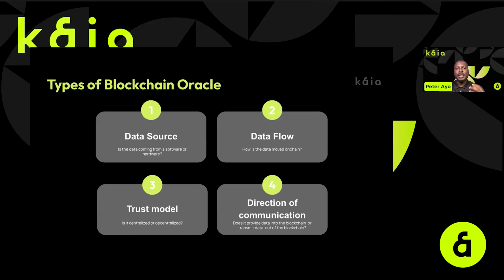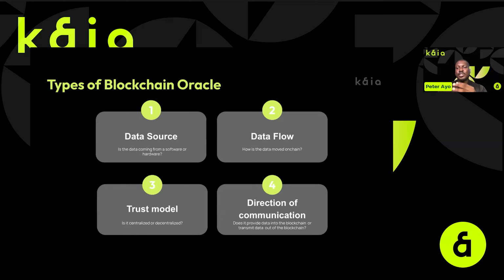That's the first thing that you want to classify your blockchain oracle as. We said that they get data from the external world. Now, is this data coming from a software, either an external API or an online database or whatever, or a hardware, whether from a physical device or from a sensor, right?